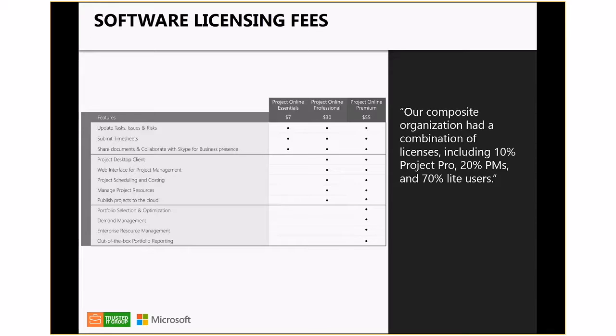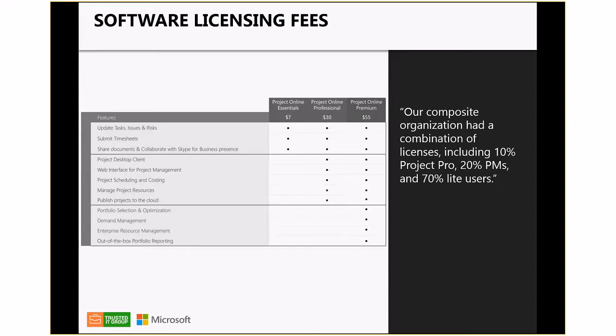So when they're talking about 70% of light users, if you take a look at the left side with this pricing table, the pricing table is the new SKUs, the new licenses. Microsoft calls them SKUs. Everyone that has purchased anything from Microsoft understands SKUs. So the Project Online Essentials license, what you see there for $7 per user per month, is the equivalent to the light user.